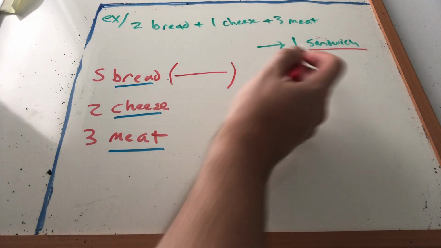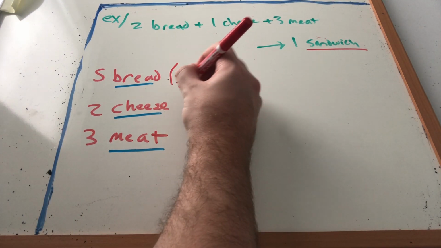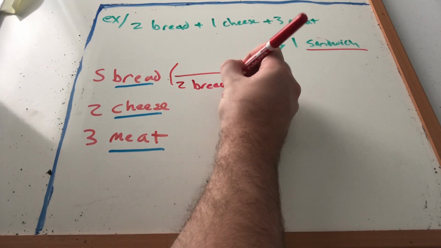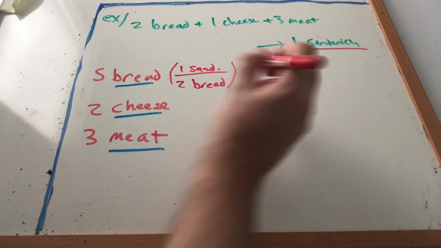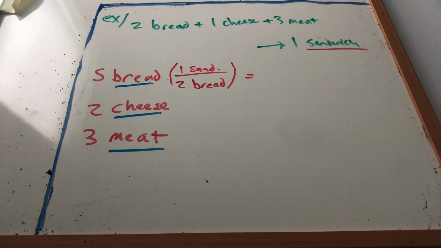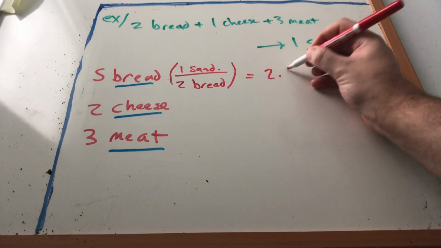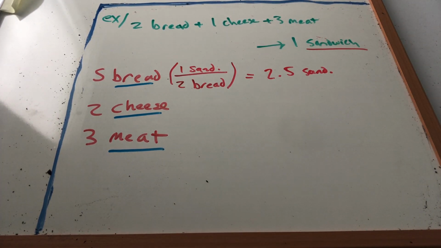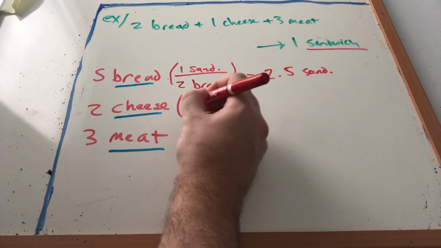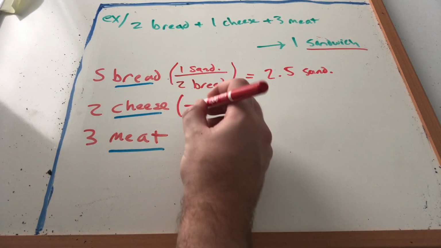So we're going to look at our product, sandwiches. And we're going to say, okay, 2 breads give me 1 sandwich. I'm going to write sandwiches as "sand" because I'm getting lazy. And so those 5 pieces of bread, what this conversion factor tells us is the max amount of sandwiches you could possibly make is 2.5 sandwiches. All right. 2 pieces of cheese. I can use the mole-to-mole bridges here.